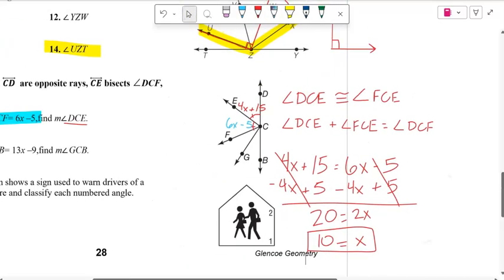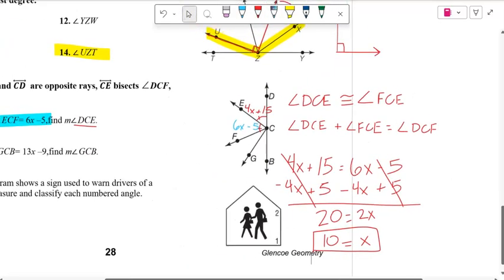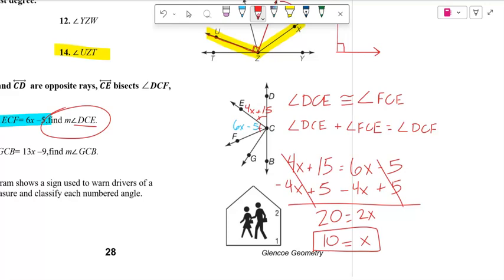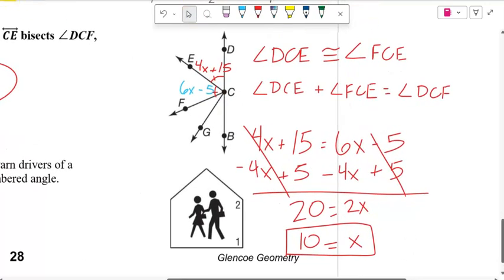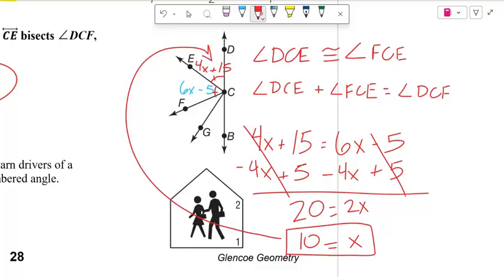Now we got to ask ourselves, is that what the problem asked us for? What did it say? Find the measure of angle what? DCE. So now how am I going to take what I know and find that? I'm going to take my x and plug it back in all the way over here to angle DCE.